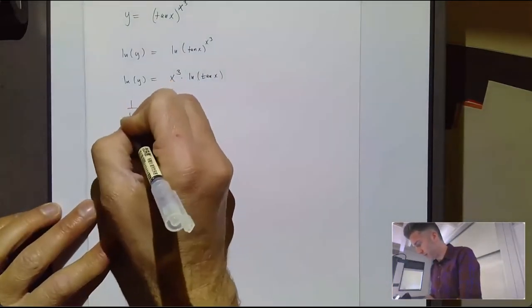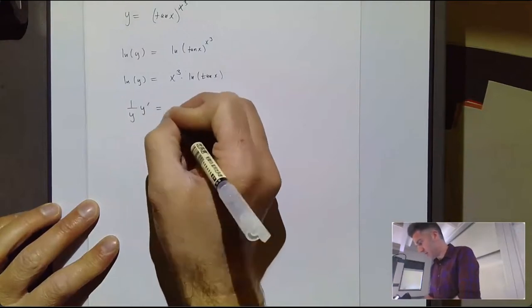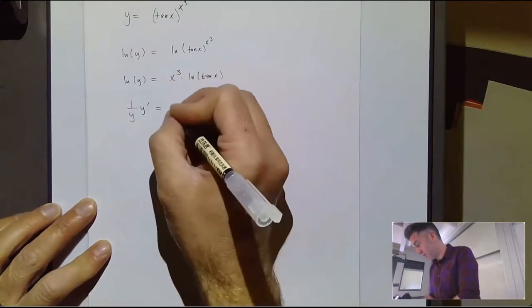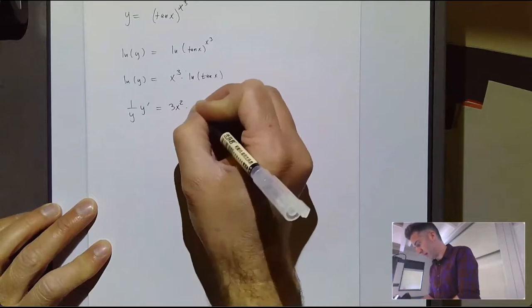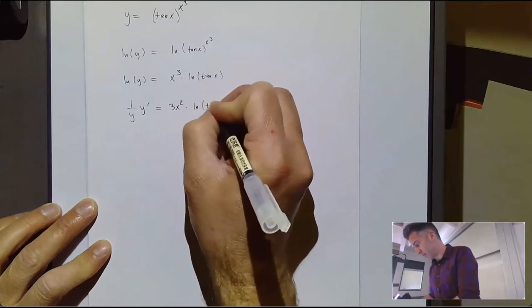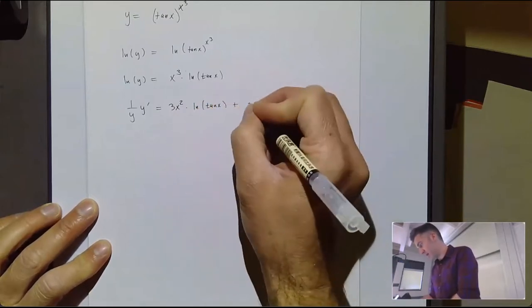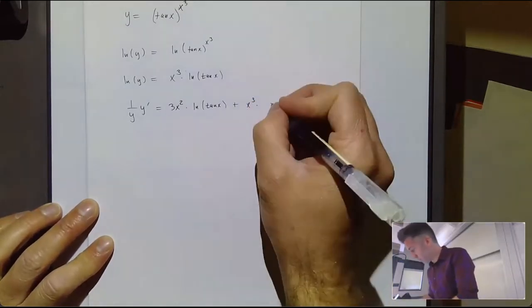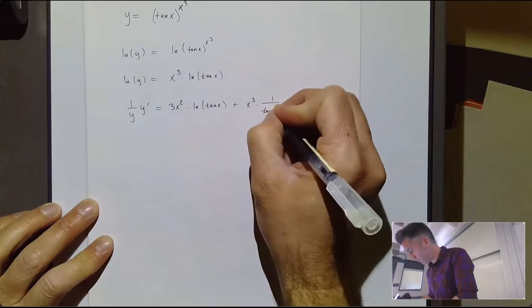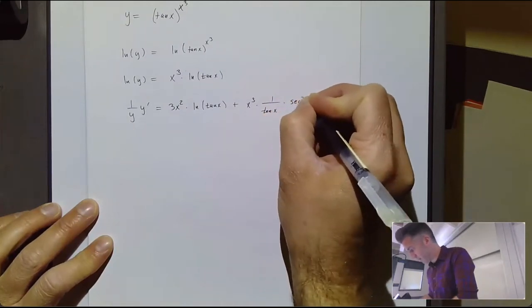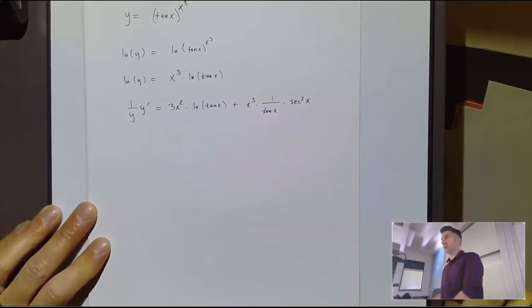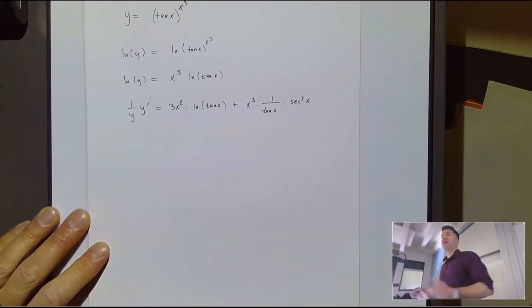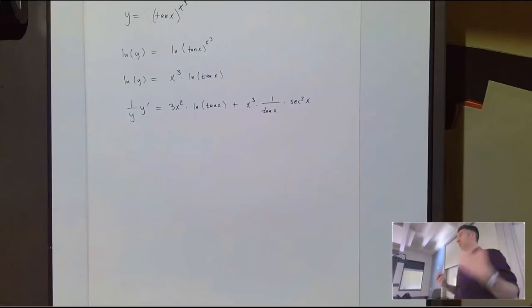So 1 over y times y prime equals, okay, product rule over here. 3x squared times the natural log of tangent of x plus x cubed times the derivative of the natural log of some stuff. It's going to be 1 over the stuff times the derivative of the stuff. 1 over tangent x times secant squared of x. And then I think at this point, really you only need one more step.